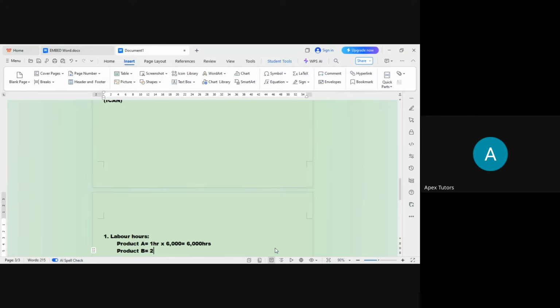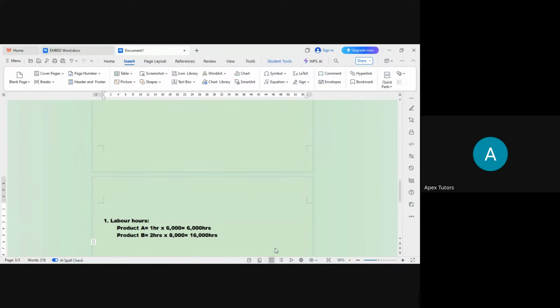It's 2 hours, multiplied by how many units are we producing? 8,000. So overall, 16,000 hours for B and 6,000 hours for A. Now, the total hours required will be what? 22,000 hours.